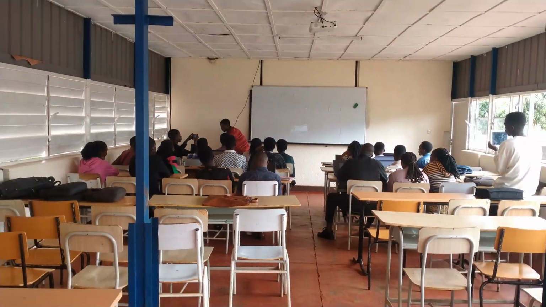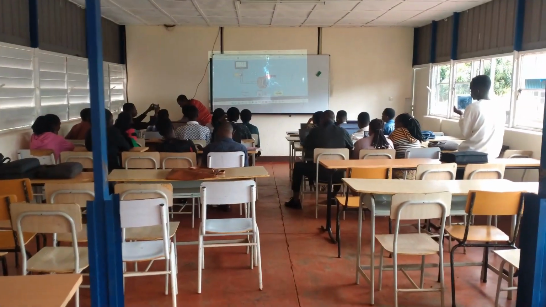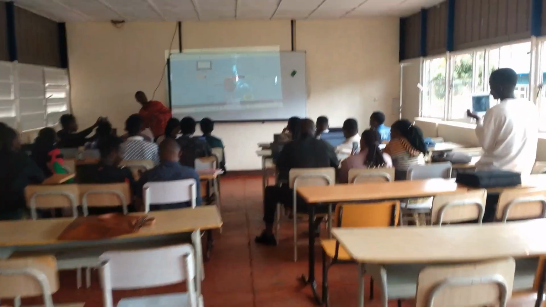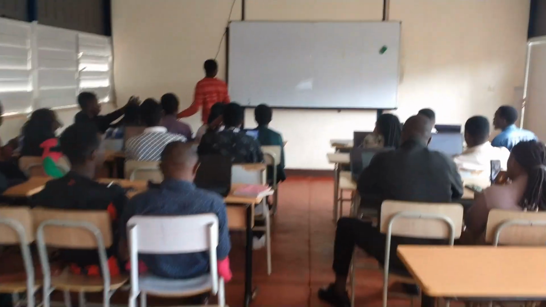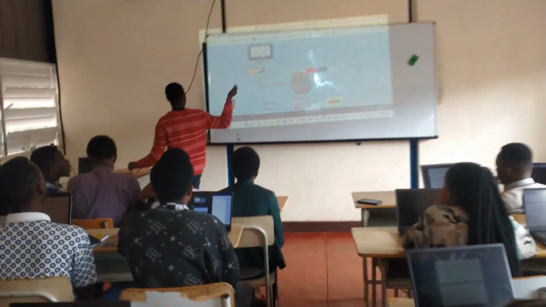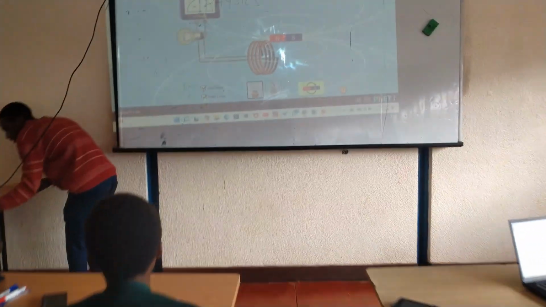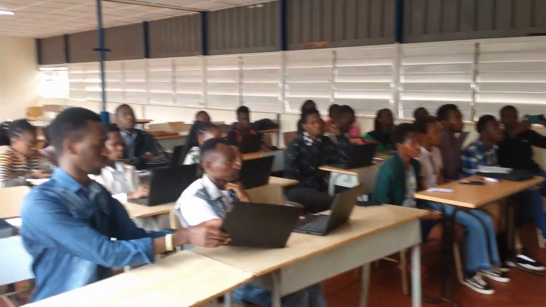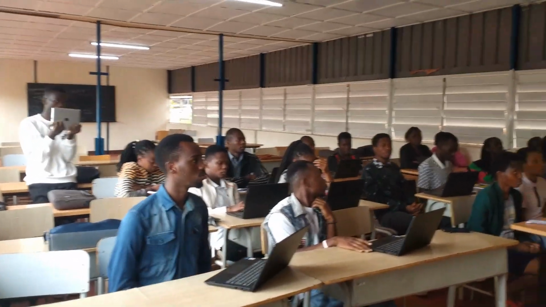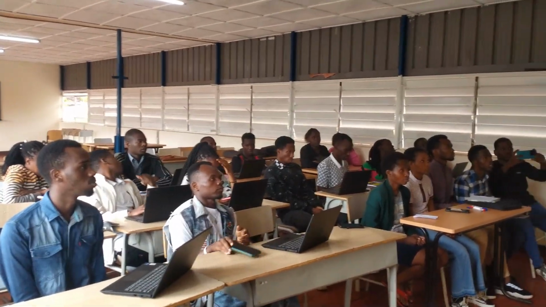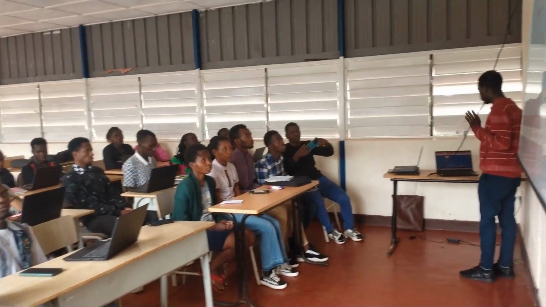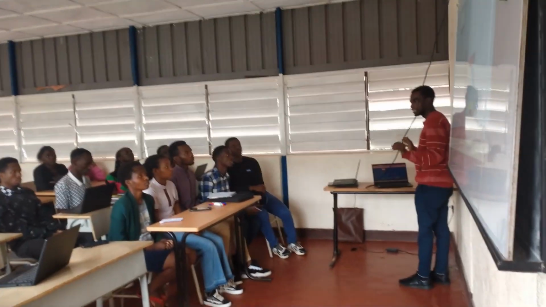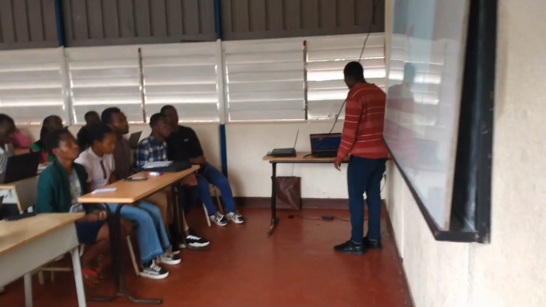I can first set the voltmeter. I can also set the magnetic field lines, but let me remove these lines in order to make it clear. First of all, if I have the fixed magnet and the fixed coil, we have nothing. We don't have any electromotive force or induced current.